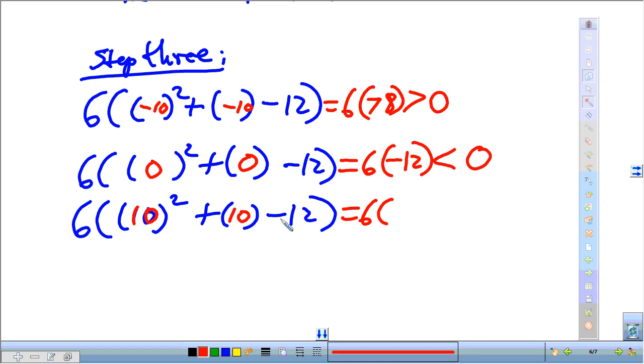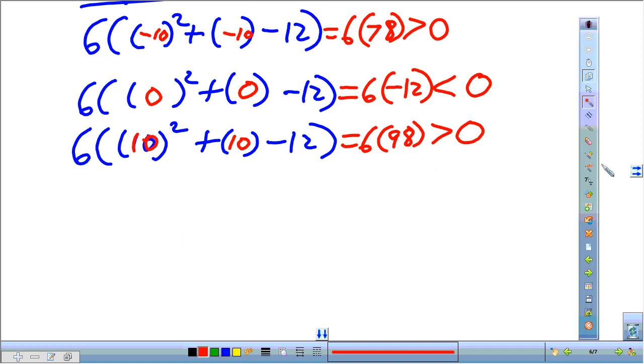So we get 6, and then we get 100 plus 10 more minus 12, which I think is 98, certainly a positive number. So when I evaluate, a rough estimate might be enough. I don't need to know exactly what this number is, I just need to know positive or negative. So sometimes I might do a quick estimate, I know it's positive or negative.